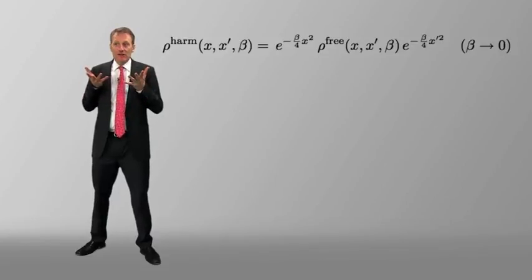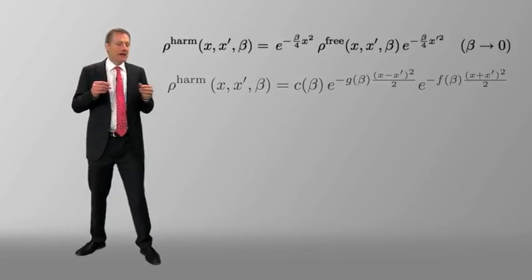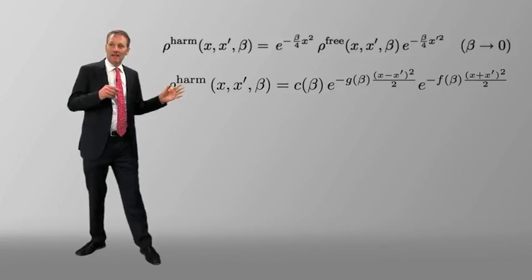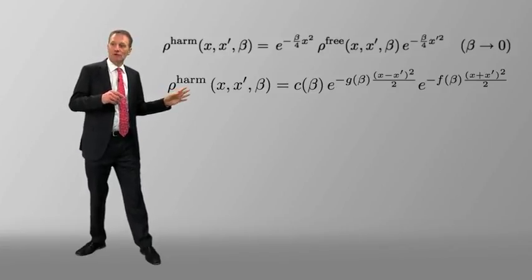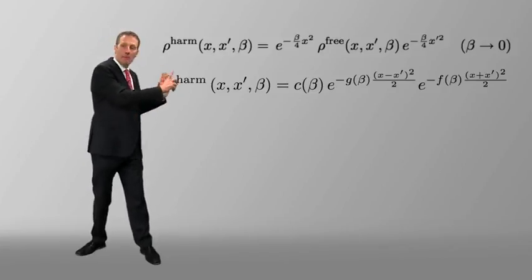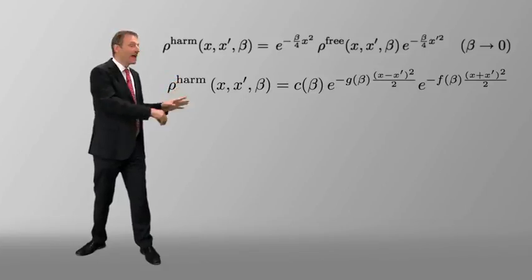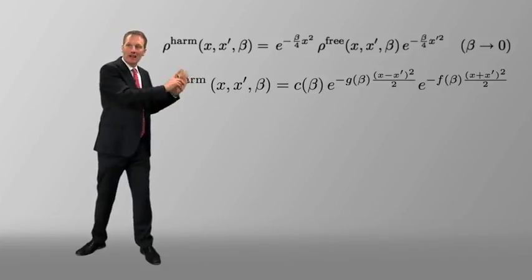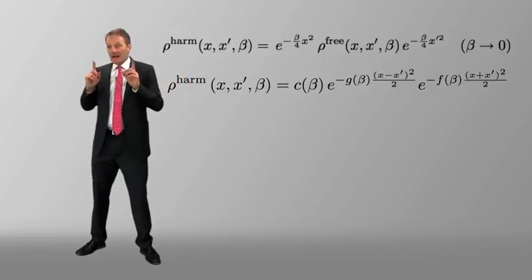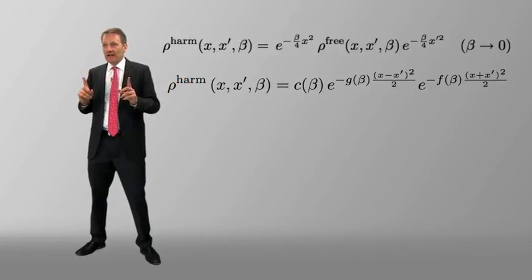So at high temperature, small beta, the harmonic density matrix is given by an exponential of 2 terms, one in x minus x prime squared and one in x plus x prime squared. Under matrix squaring, the harmonic density matrix keeps this form.